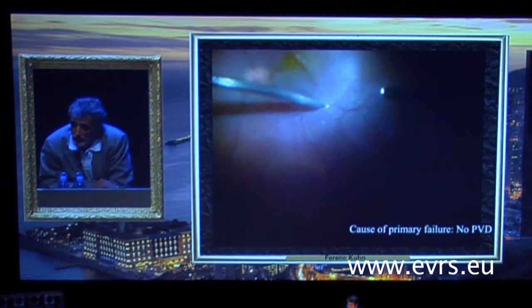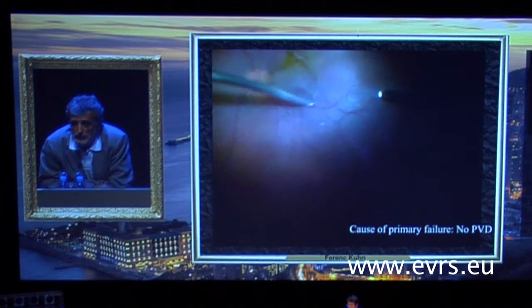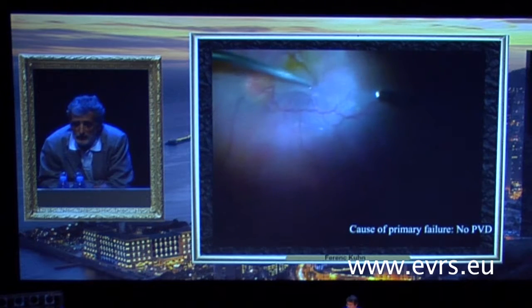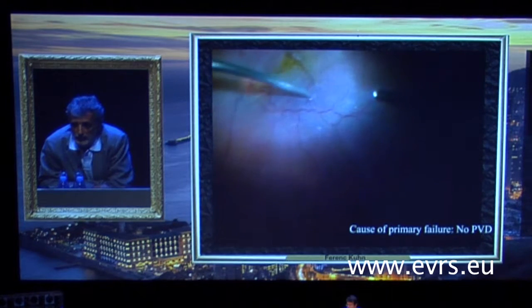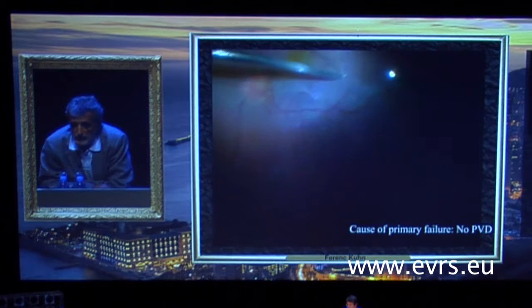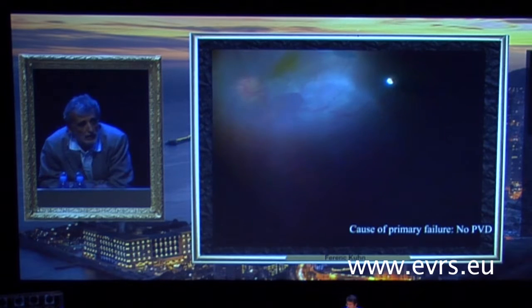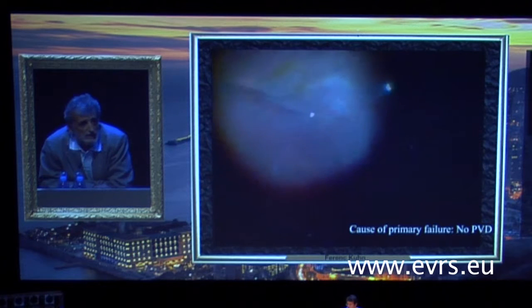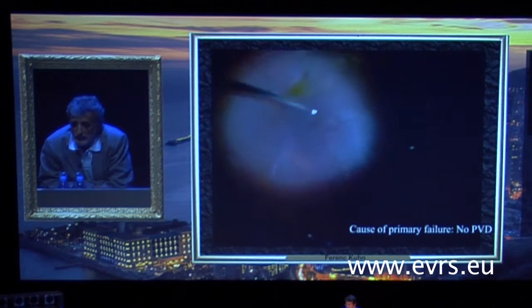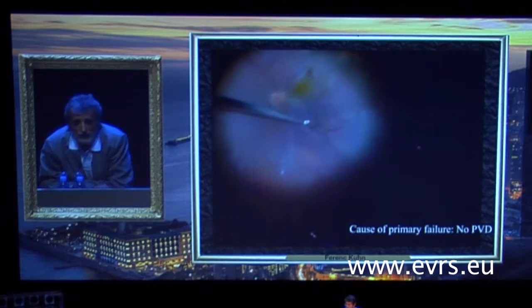So I want to emphasize again, if you choose primary vitrectomy for a retinal detachment, vitrectomy is not just a core and base vitrectomy, it has to be a complete vitrectomy, starting with vitreous that is not detached over the posterior retina.